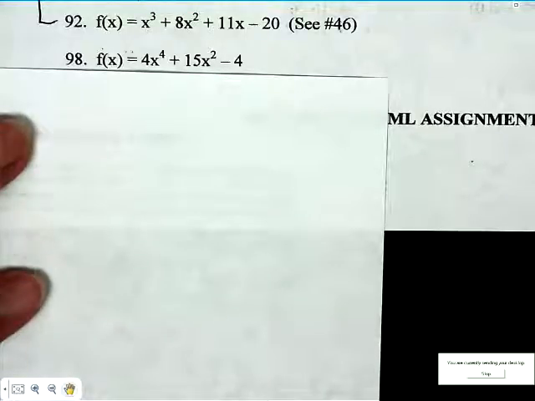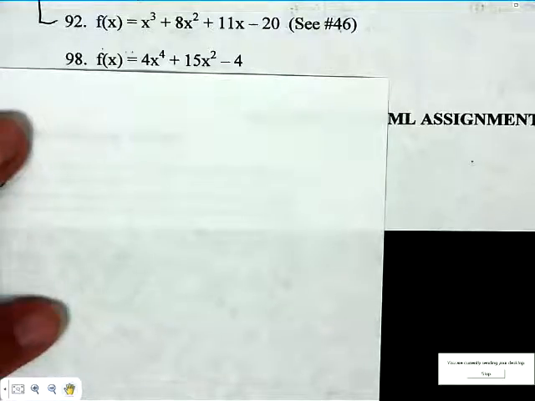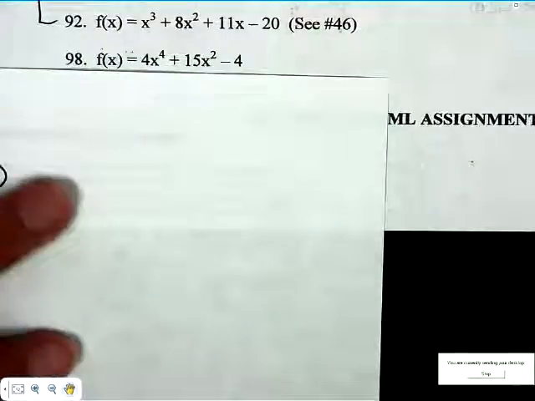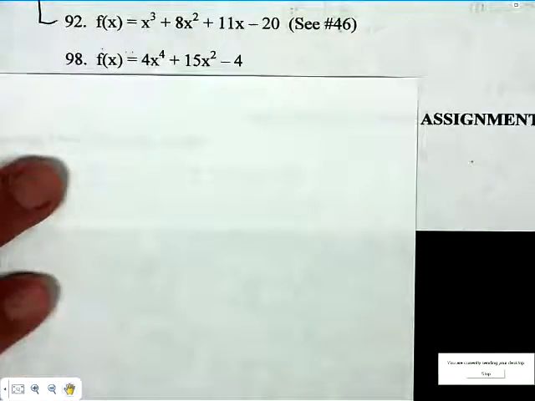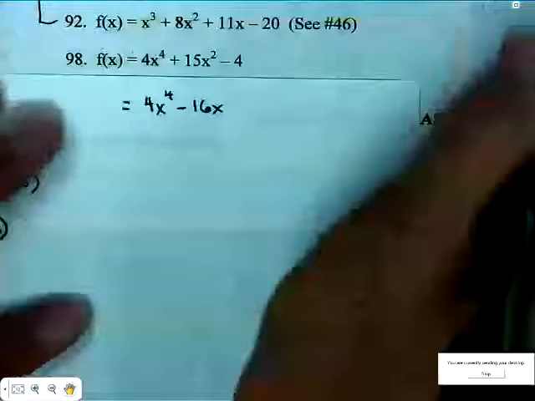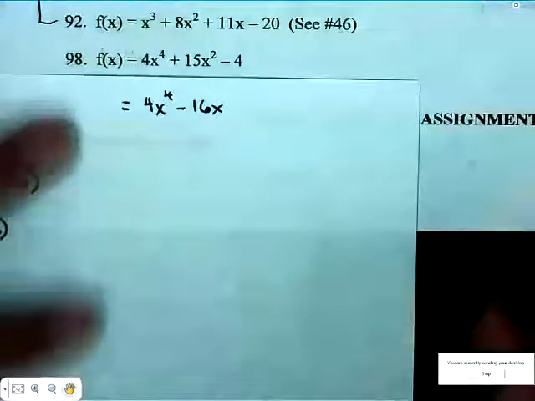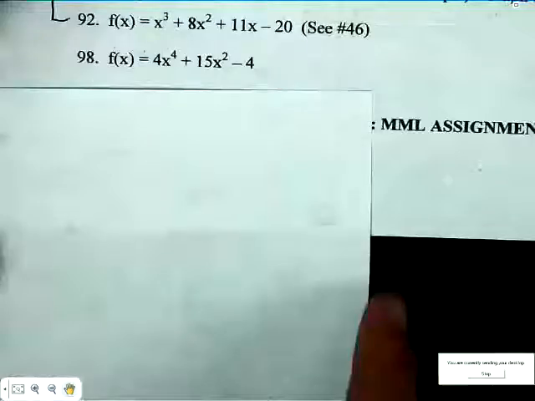It will factor. So don't do it the hard way without at least asking yourself, is there an easier way to do this problem? I'm going to factor this by grouping, and I'm going to write in my steps just for the folks who are still struggling a little bit with factoring by grouping. I'm going to write that middle term as negative 1x squared plus 16x squared.